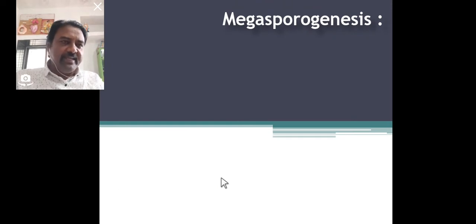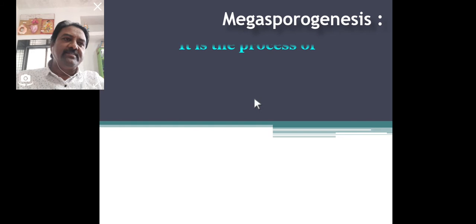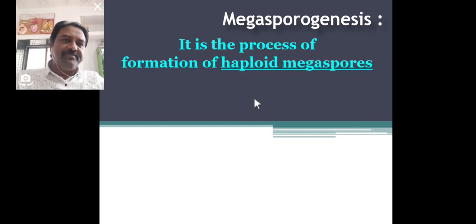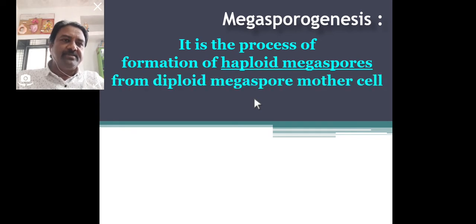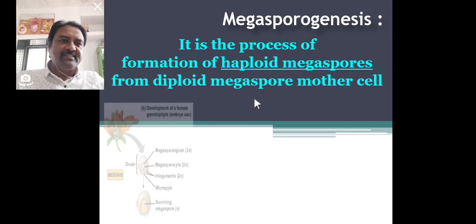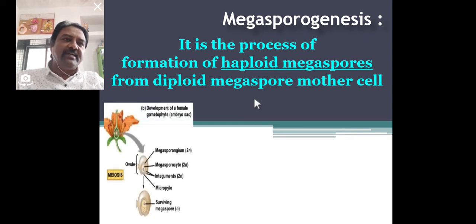Now the next concept we will study here is megasporogenesis. What is megasporogenesis? It is the process of formation of haploid megaspores from diploid megaspore mother cells. Such a process is called megasporogenesis.